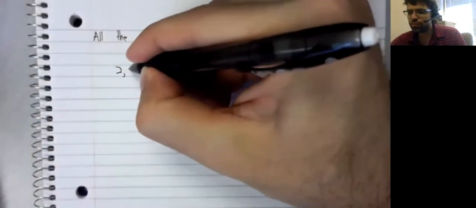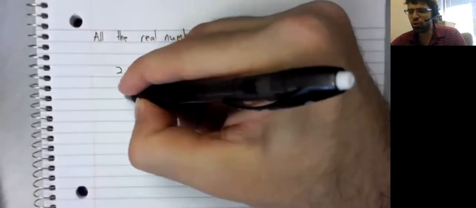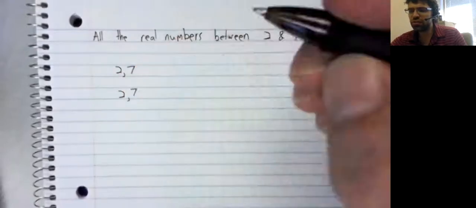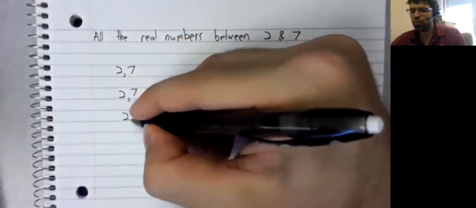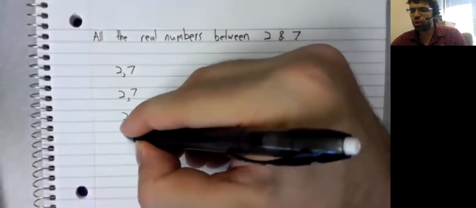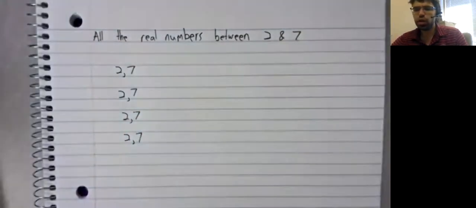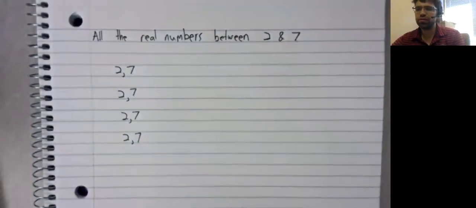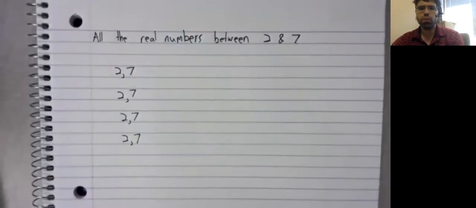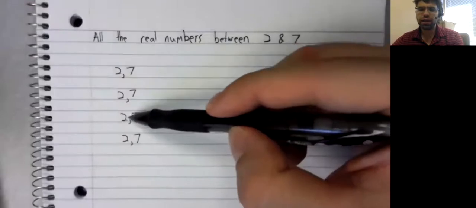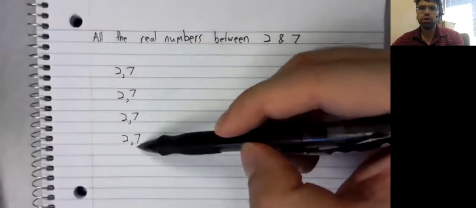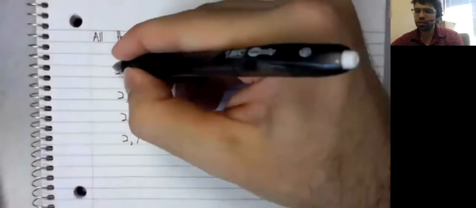So, in all of these cases, whether we're including both the 2 and the 7, or neither the 2 nor the 7, or one but not the other, we're going to have 2, 7.